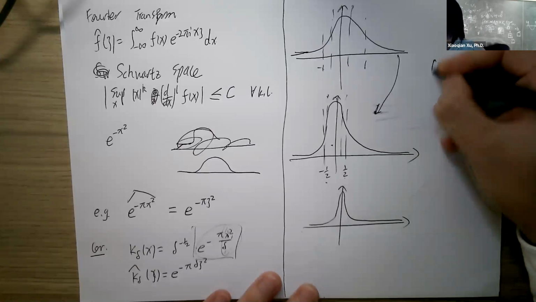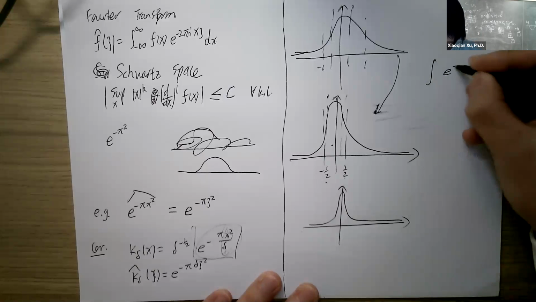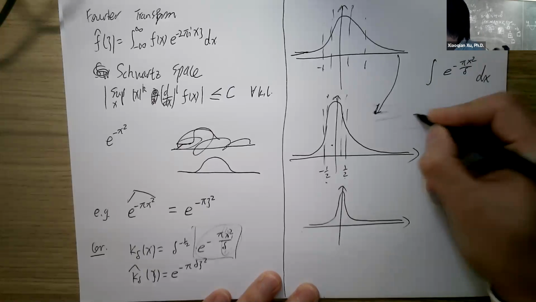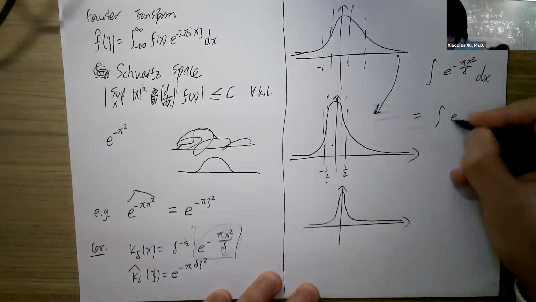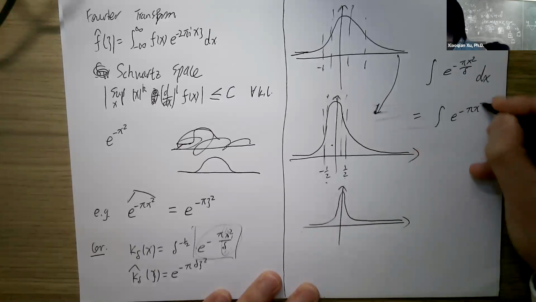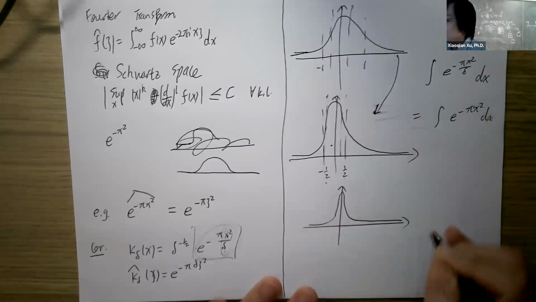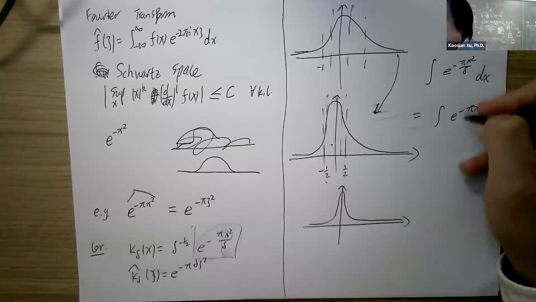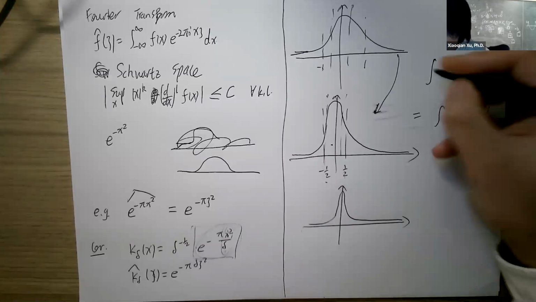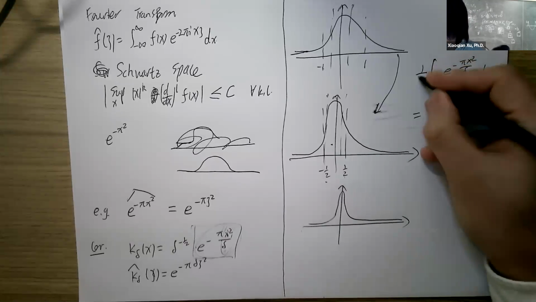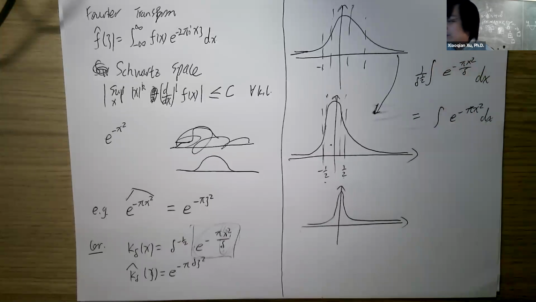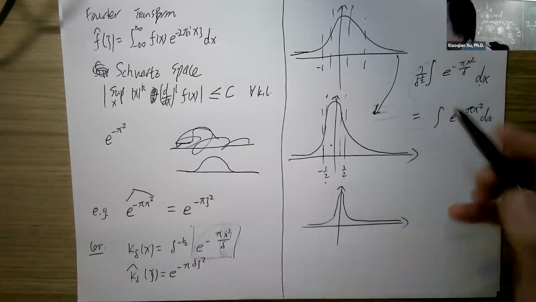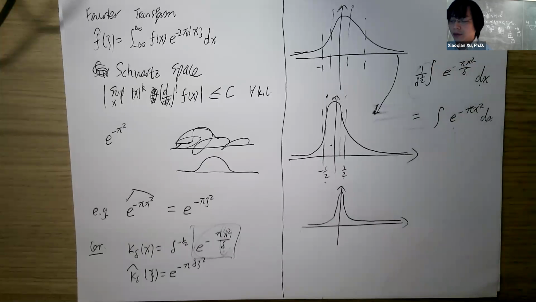So if you want to say that, okay, e to the minus pi x squared divided by delta dx is somehow equals to e to the power minus pi x squared dx, then if you want to keep these two things the same, you have to divide by delta to the power 1/2, so that this can be eaten by dx, and you can do a change of variable, then these two guys are equal to each other.